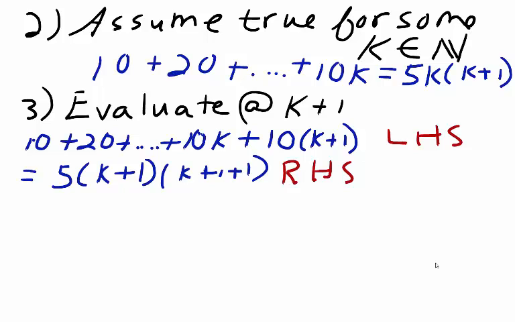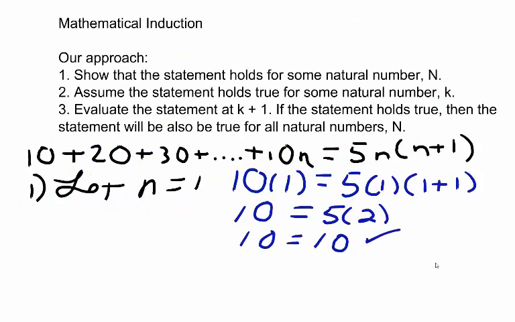First, I'm going to work on simplifying the left-hand side. Note that in the original statement, we can see that 10 plus 20 plus 30, which we actually ended up not using, and that's okay, it's assumed to be part of our sequence, plus 10n is equal to 5n times n plus 1.